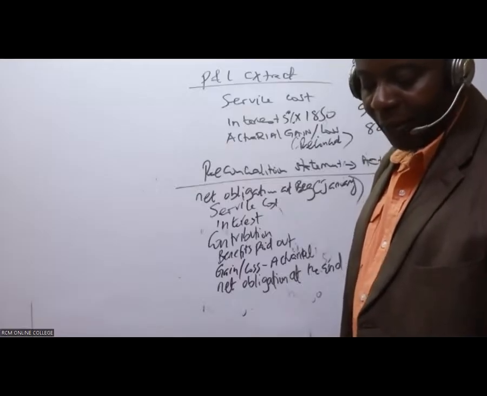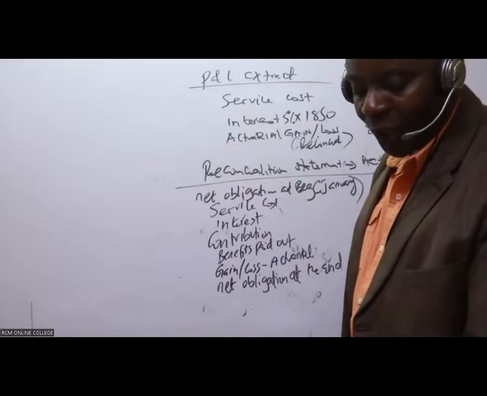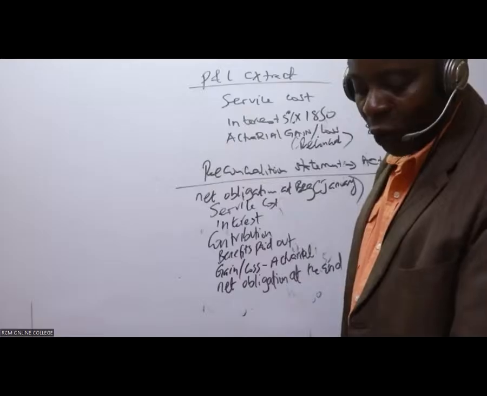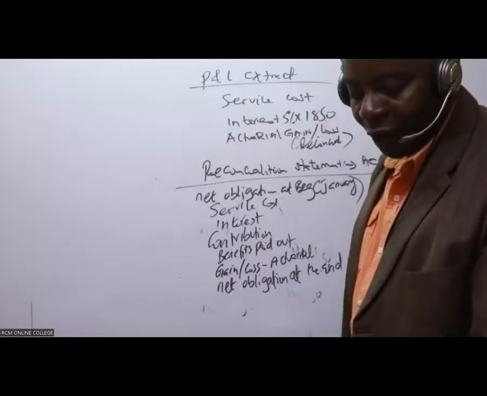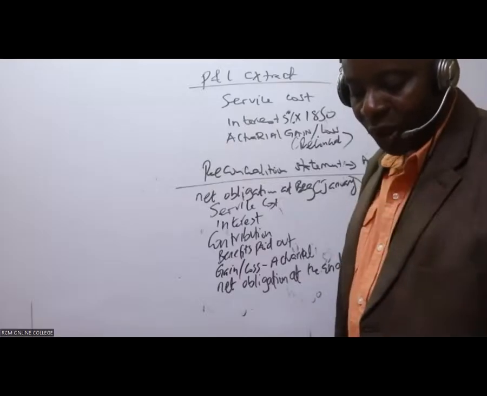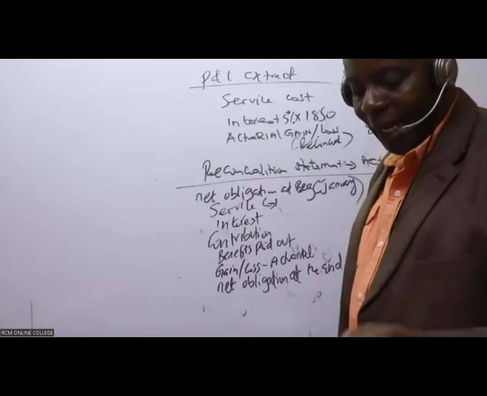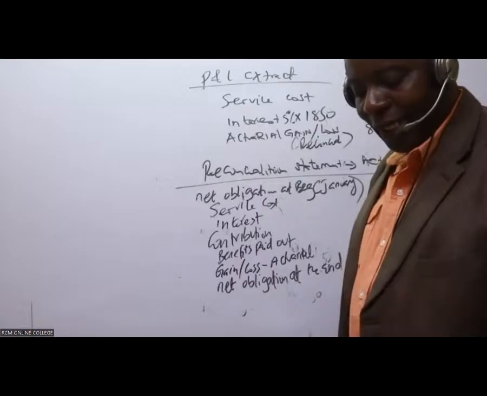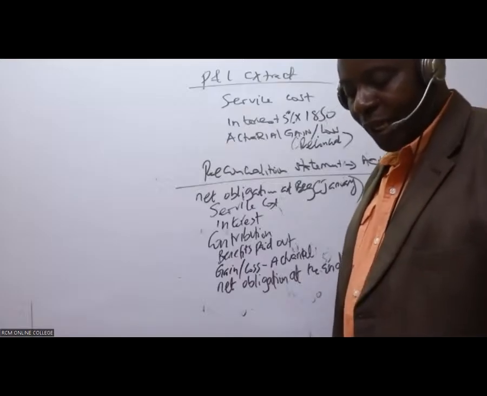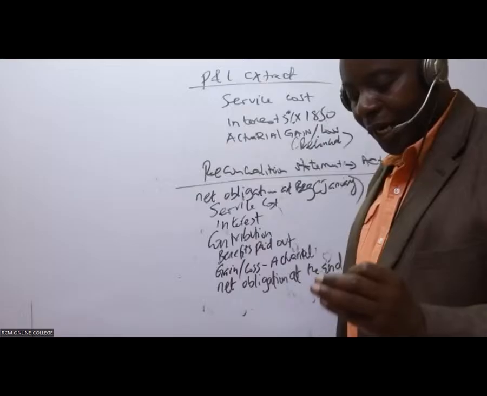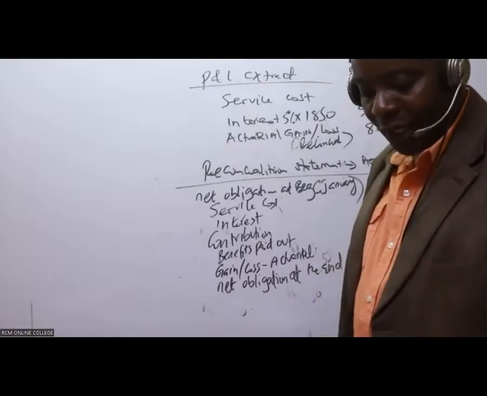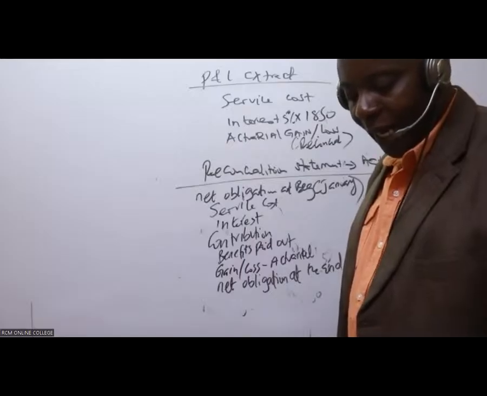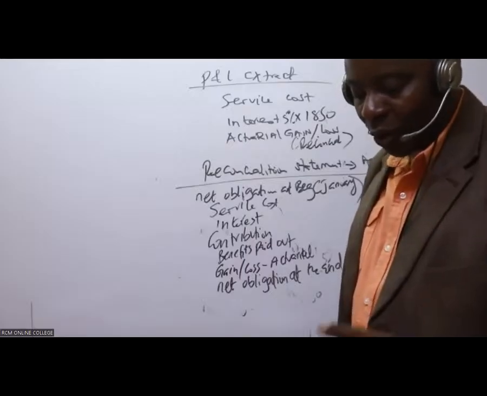Benefits paid are the amounts paid out of the plan assets to retired employees during the period. These payments do not affect the net defined benefit plan, as they reduce both the plan obligation and the plan assets. The remeasurement component, actuarial gain stroke loss, is charged or credited to other comprehensive income for the period, and classified under items that will not be recycled.